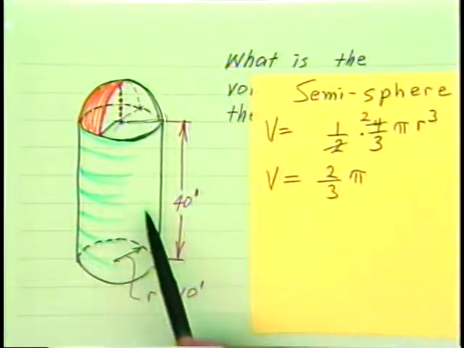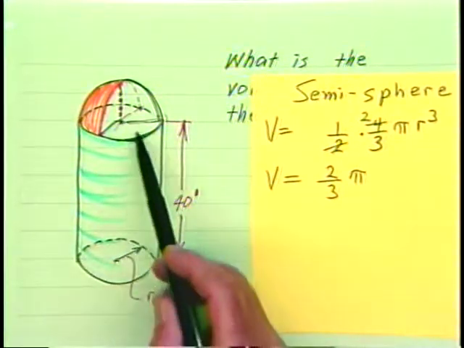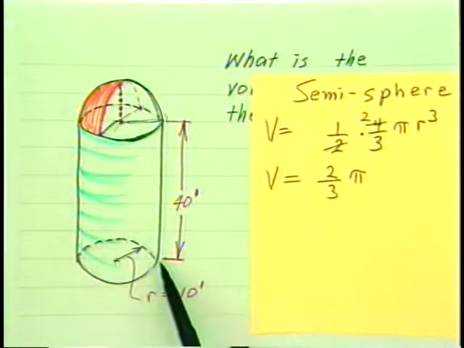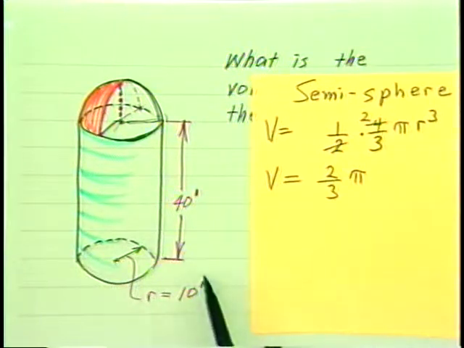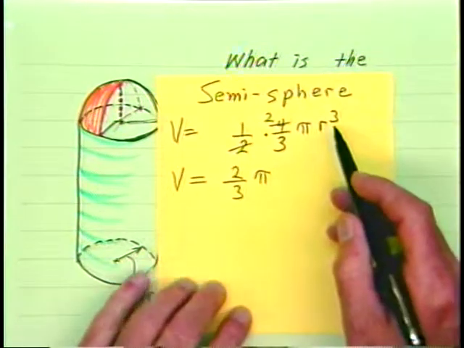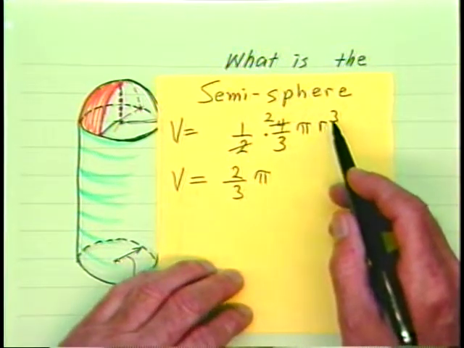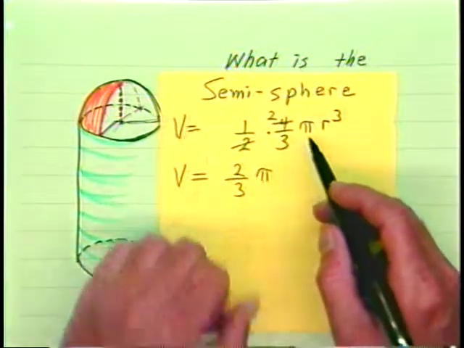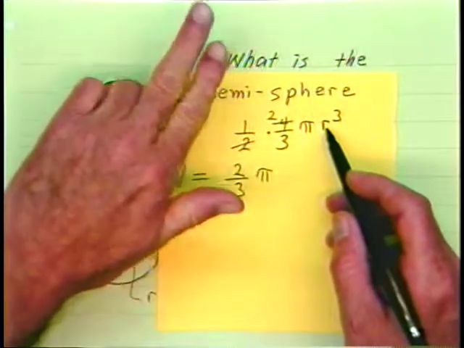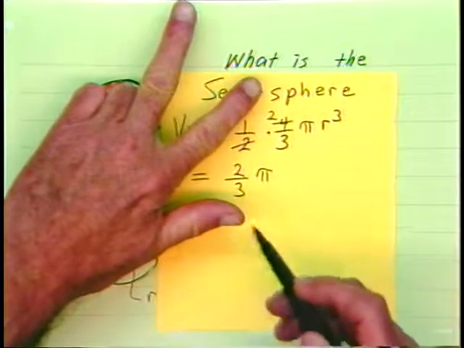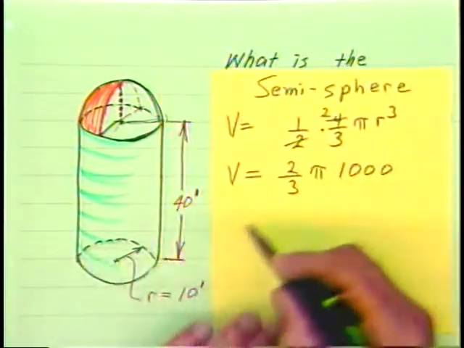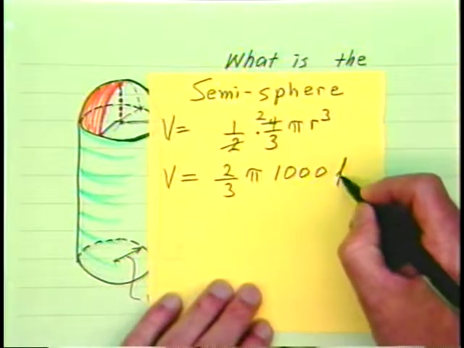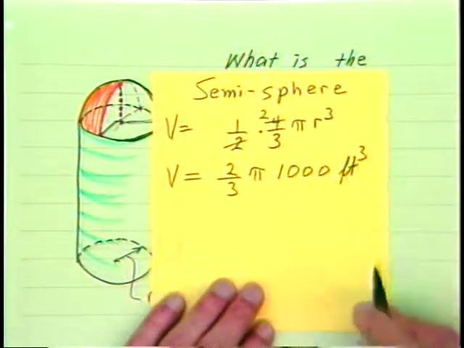Well, this one right here we know down here because this is the same circle here as we have here. So the radius is in fact given to us as 10 feet. But we can cube it mentally. 10 times 10 is 100 times another 10, see here's cube, is 1,000, and that's in feet, so the volume will be in cubic feet.